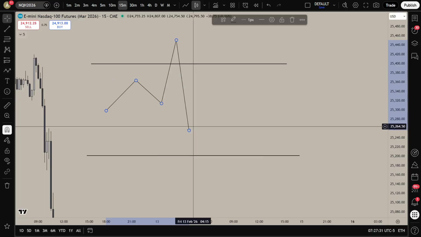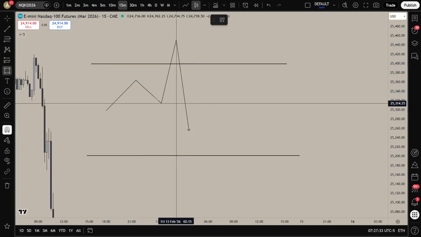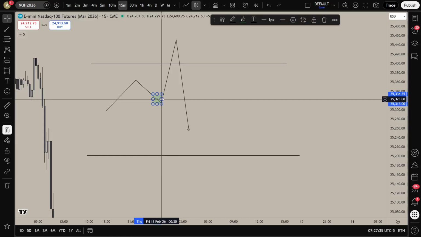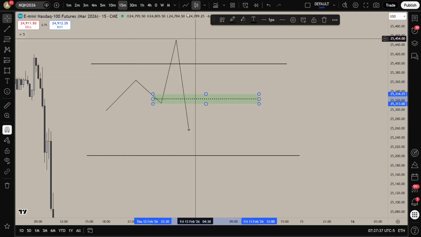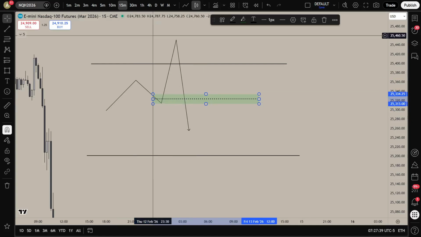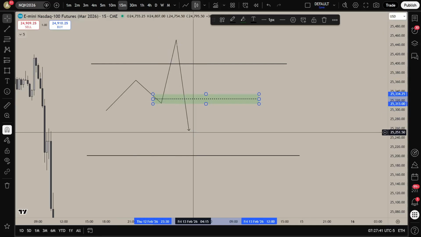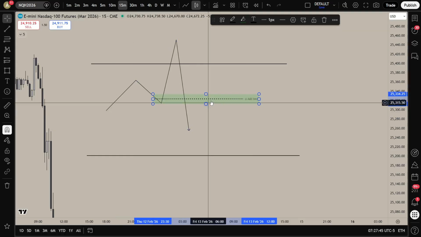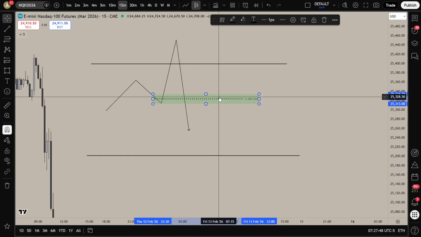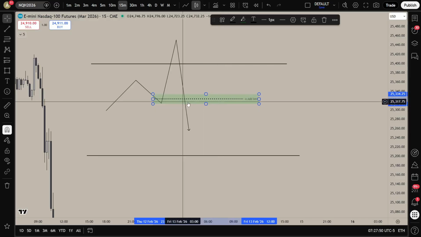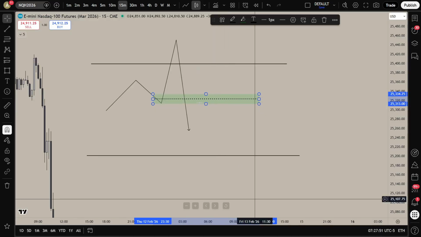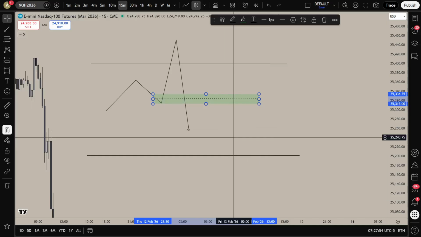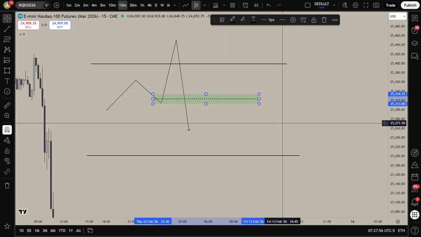I am pretty sure that there will be an order block here that would have been used for going longs, but now since we have inversed this, since we have moved past this and dumped through the order block, this order block will be used as a resistance. Now we can short when the price retraces back into this, and then we can try to hop on the longs for the sell side liquidity.